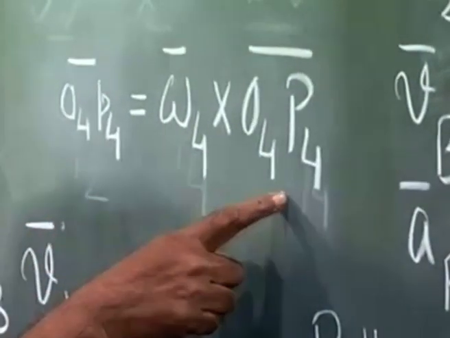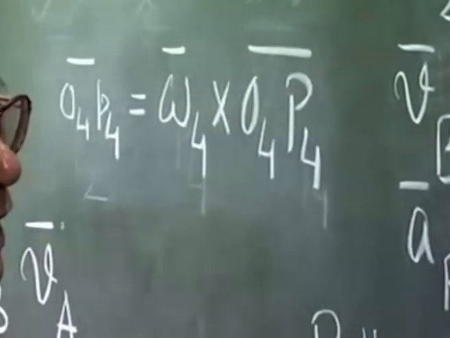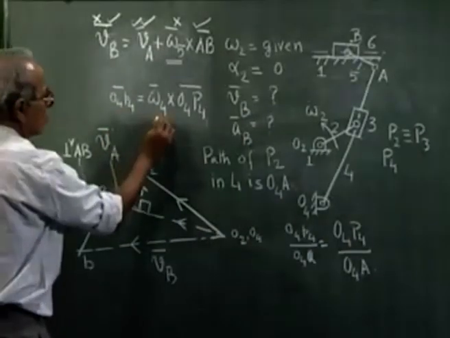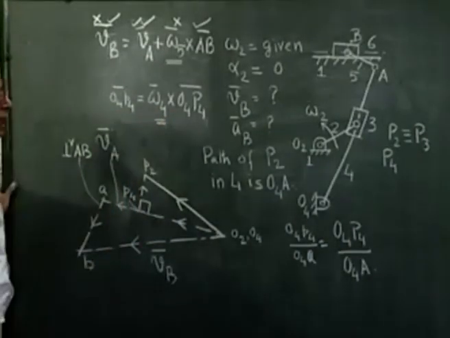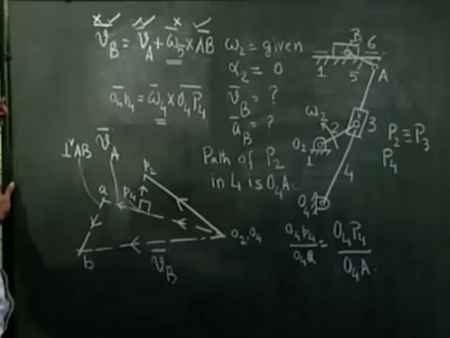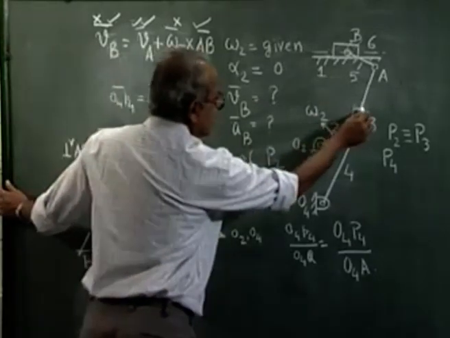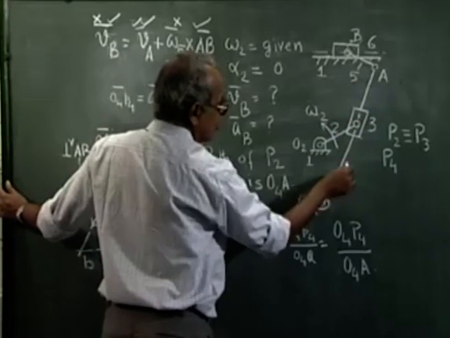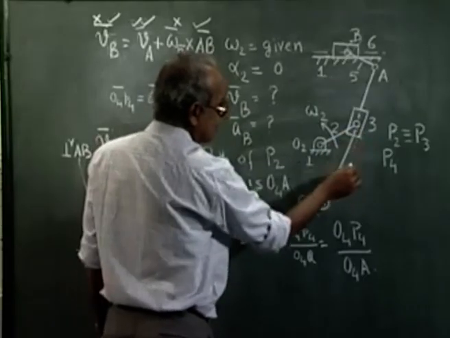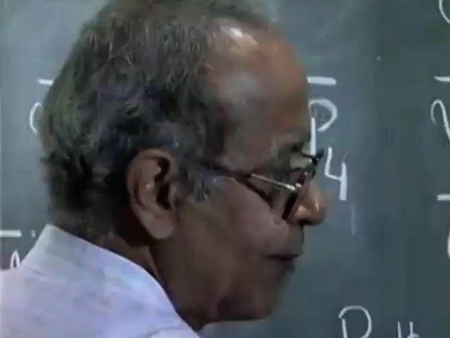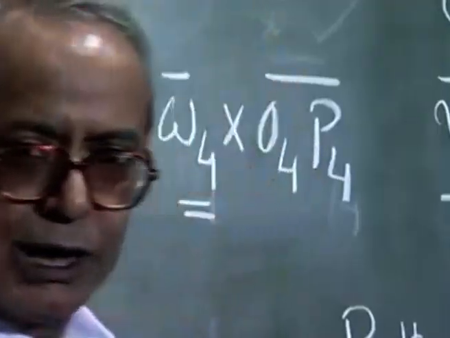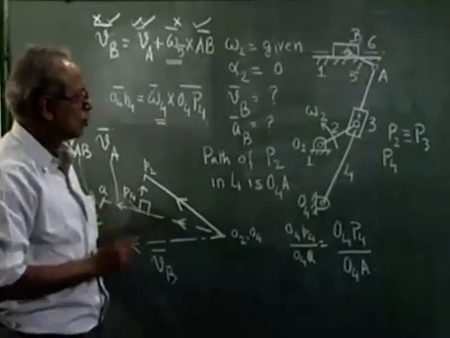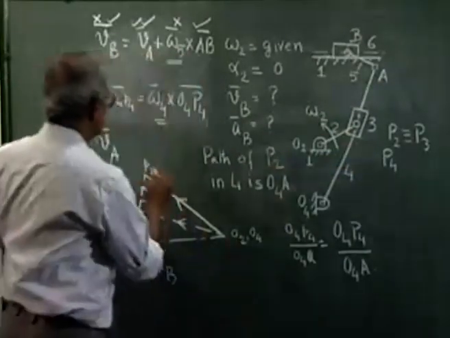Because I know O4 P4 this distance and I know this velocity, I can also determine the angular velocity omega 4. Omega 3 is same as omega 4 because there is only a prismatic pair between 3 and 4. So, they must have same amount of rotation, there can be only relative translation. So, omega 3 is same as omega 4.